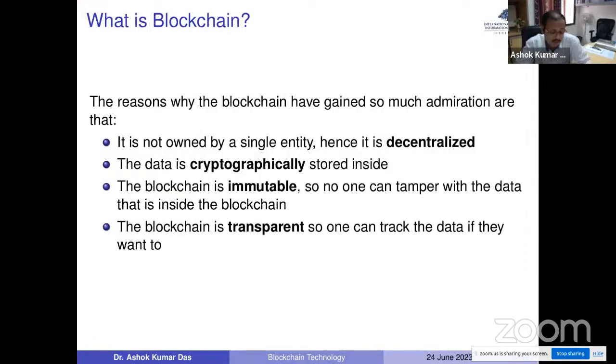Then the question comes: why blockchain? What are the major reasons that people use blockchain? One of them is that we should use the blockchain for secure storage, as compared to a semi-trusted cloud environment.